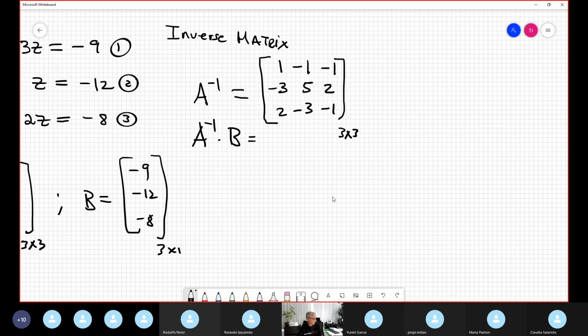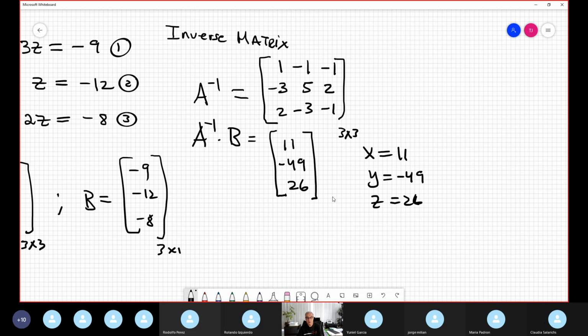Super. Now, the multiplication was a vector. The vector is 11, negative 49, and 26. Therefore, x is 11, y is negative 49, and z is 26. End of story. We finish.